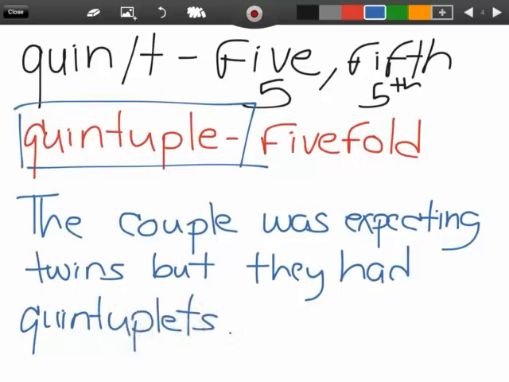I'm going to go ahead and read that to you guys. The couple was expecting twins, but they had quintuplets.